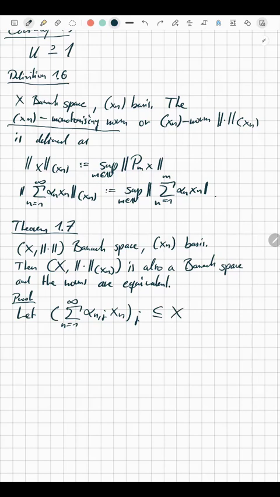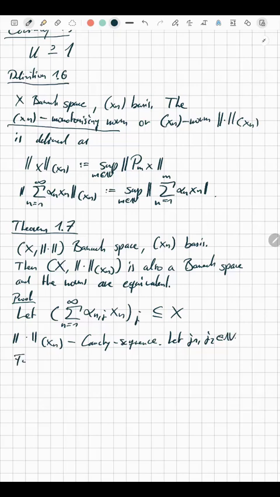And we want this to be a Cauchy sequence in the new norm. So this shall be an x_n norm Cauchy sequence. And now we take two indices, j1 and j2.